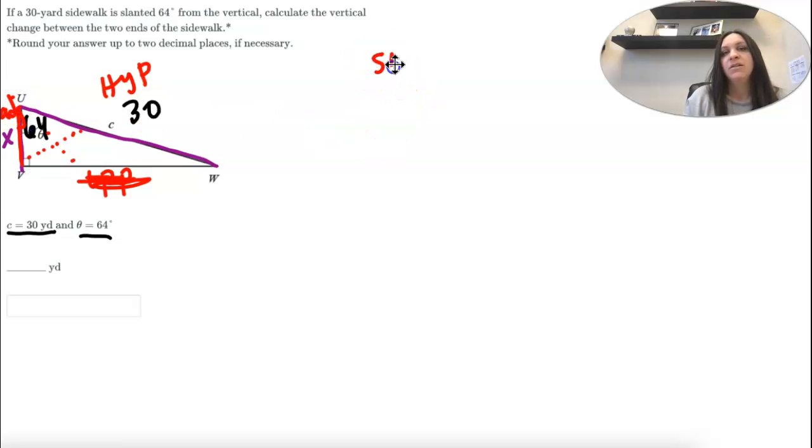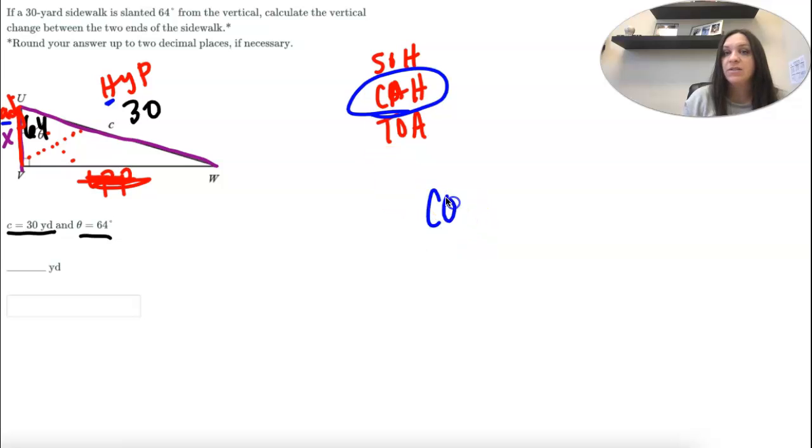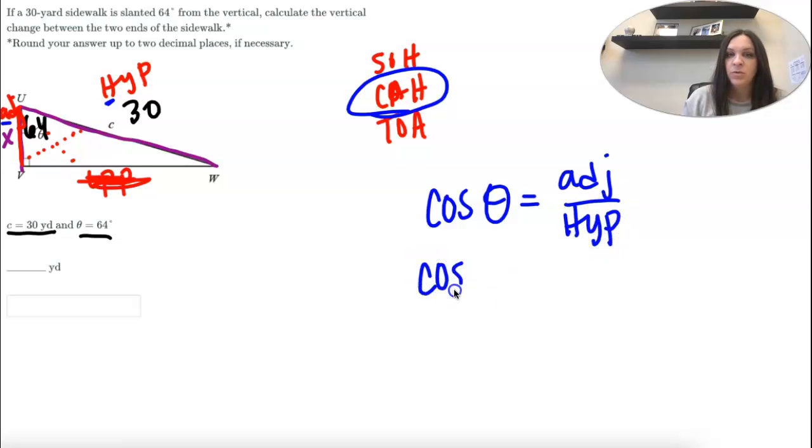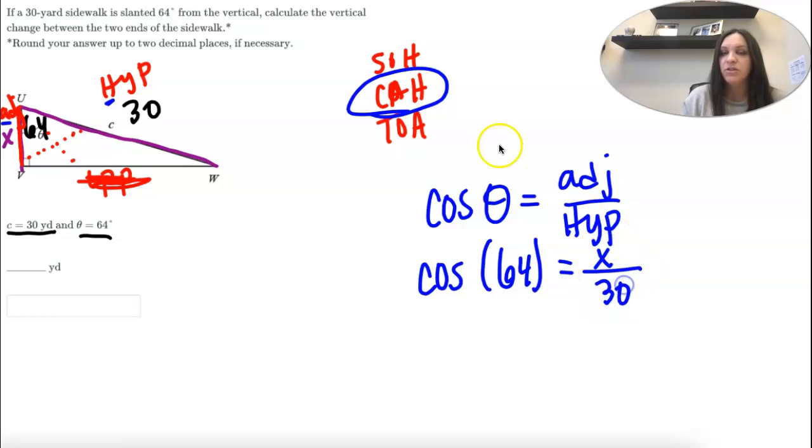So think sine, cosine, tangent. Which one has A and H? That's the one we use, okay? So cosine of theta is adjacent over hypotenuse. Well, the angle is 64. The adjacent is what we don't know, and hypotenuse is 30. What that does is it gives us an equation to solve.